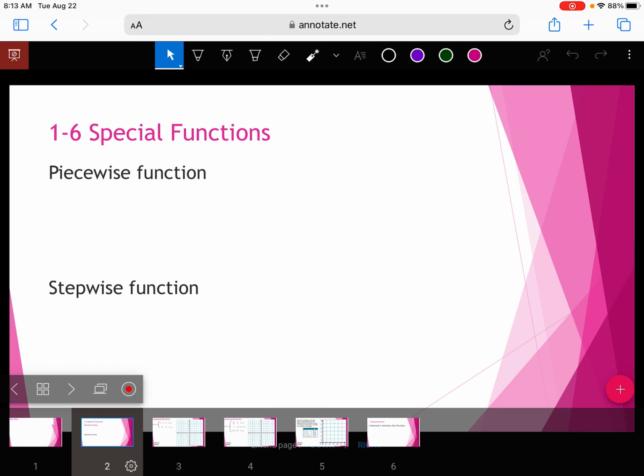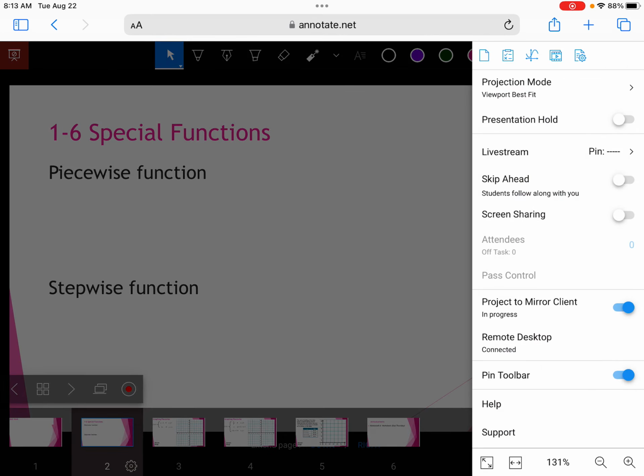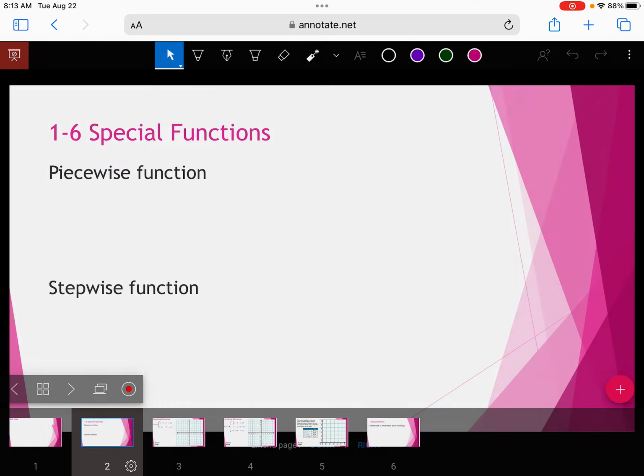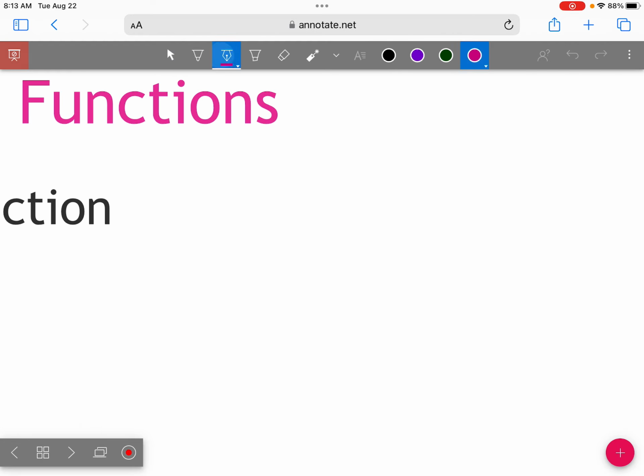Alrighty, there we go. So piecewise functions have a definition that we can write out here, and I'm going to make it so I can actually write in decent handwriting.